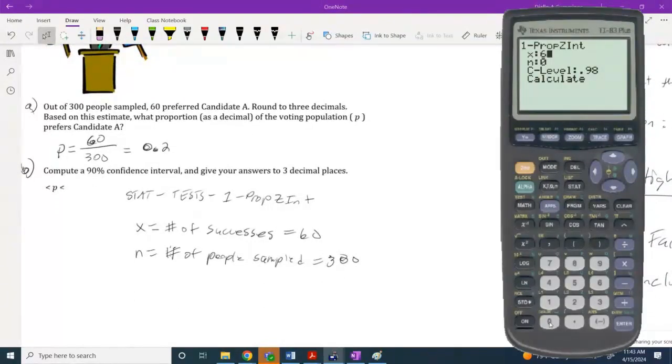So X is 60, N is 300. Our confidence level is 90%.